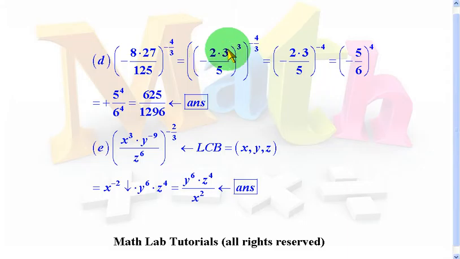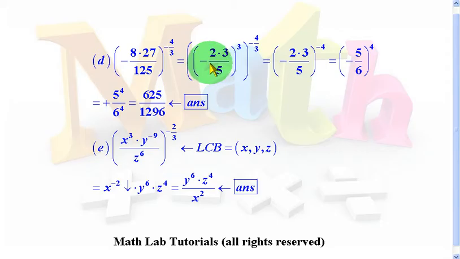Because a minus sign to the power 3 is negative, 2 to the power 3 is 8, 3 to the power 3 is 27, and 5 to the power 3 is 125, and we recover the original slave. So that's how you can check that the slave has transformed itself properly in order to execute the task of trying to kill the master.